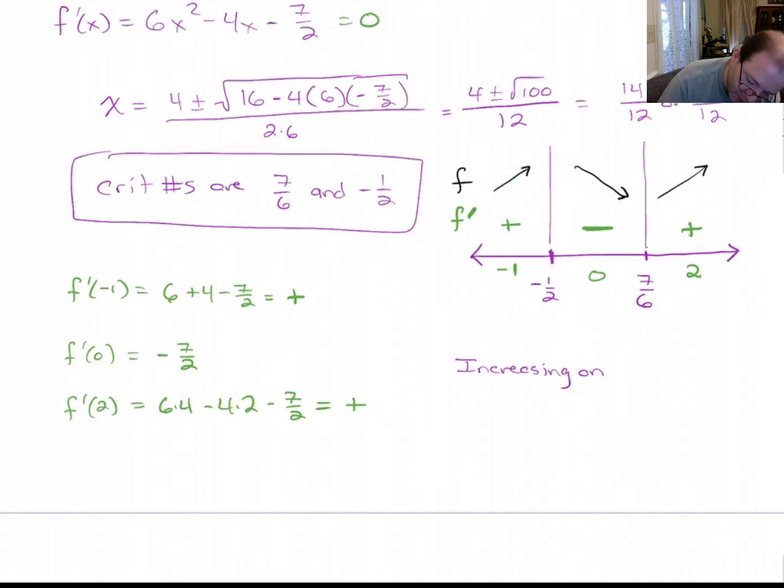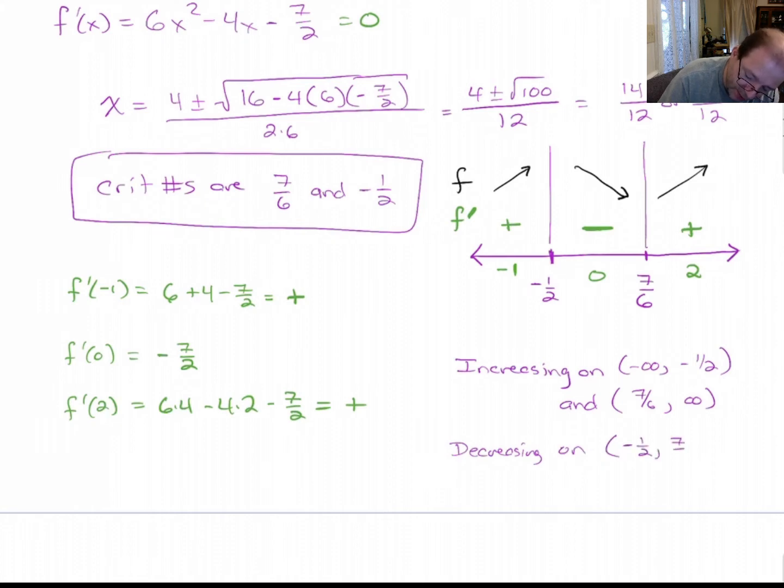So it's increasing on minus infinity to minus 1/2, and from 7/6 to infinity. And it's decreasing on the interval from negative 1/2 to 7/6. So that's my answer.